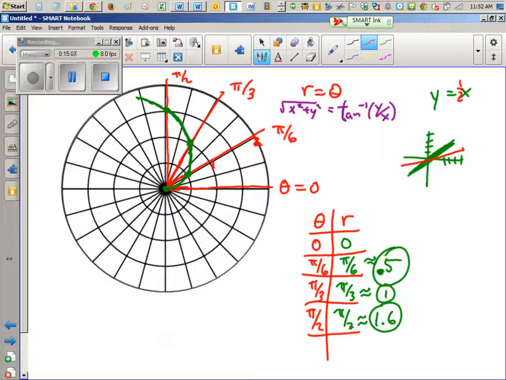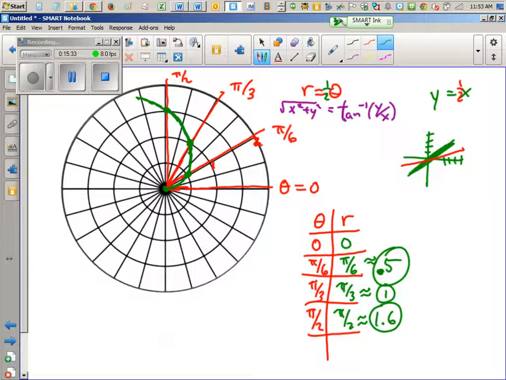Okay, don't graph it on the screen, but what would happen if we did r equals 1/2 theta? Just use your common sense. Okay? So by putting the r equal to half theta, this column in the table is not going to change. But all of these will be half of what they were before. See?